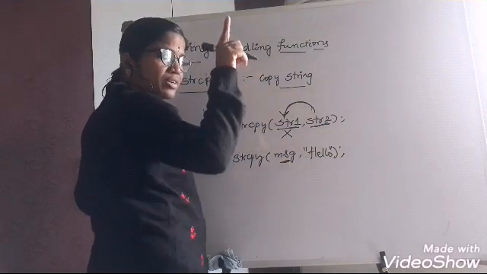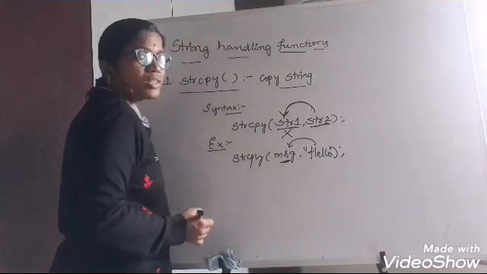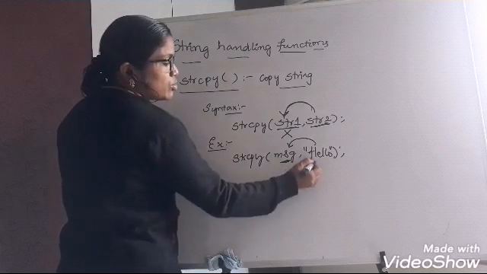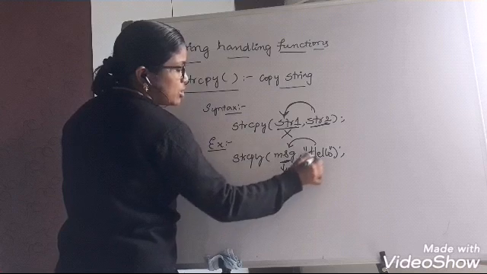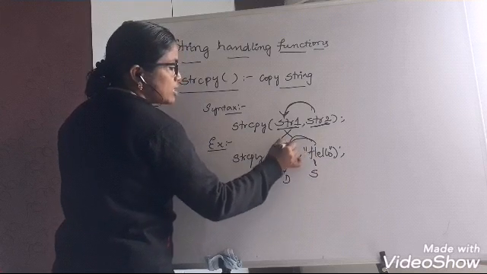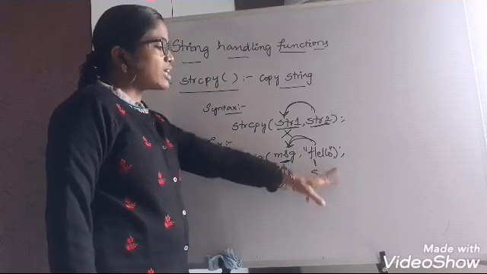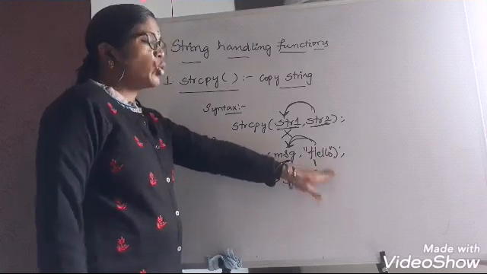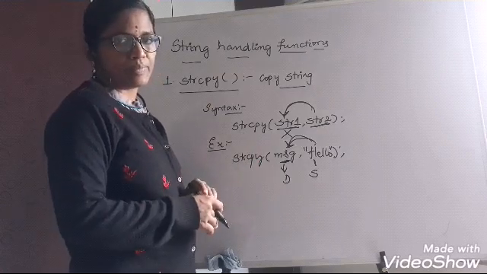This we have learnt already in constants. So this hello will be copied into message. To copy it, this acts as the source and this acts as the destination. From this source, the data is copied into message. So assigning string 2 into string 1 is performed using strcpy.